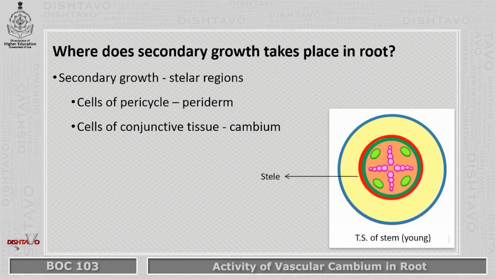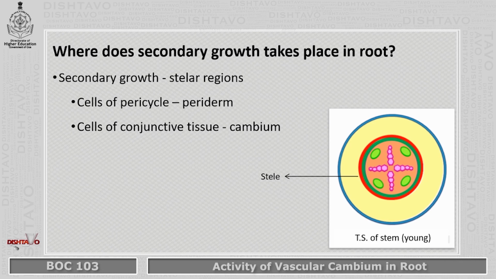Where does secondary growth take place in the root? In roots, secondary growth takes place in the stelar region at two different places.